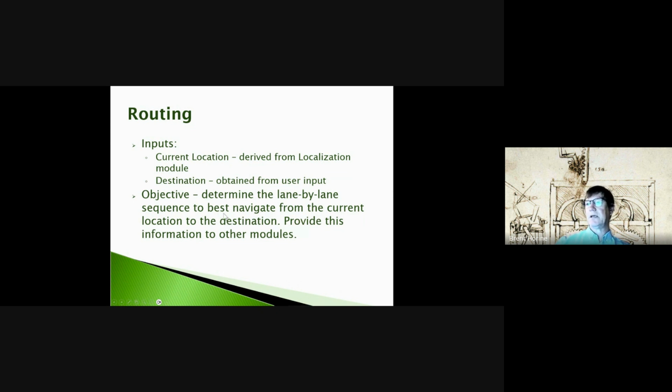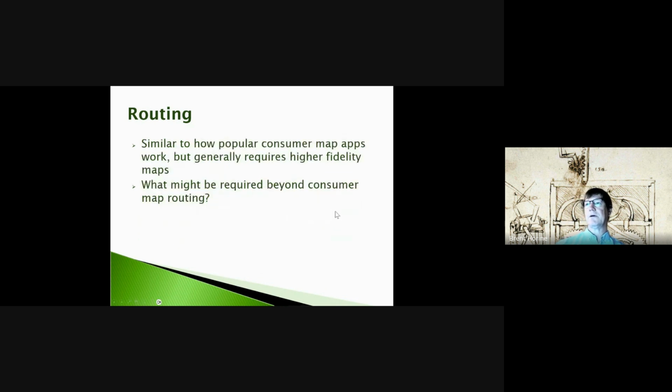It's deciding, do we want to take the toll road or surface streets or some other highway to get to that destination, but we need to do it in a lane-by-lane or even lane-segment-by-lane-segment type of sequence.